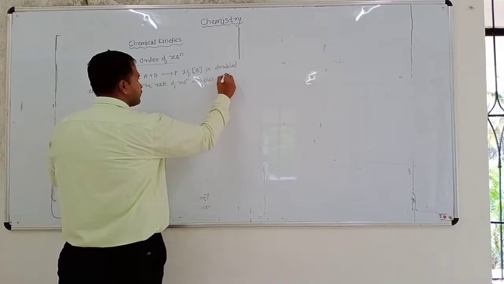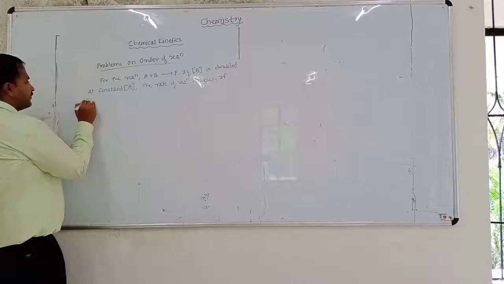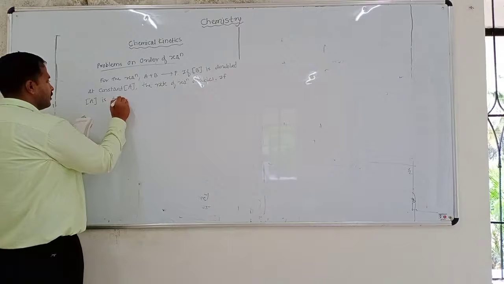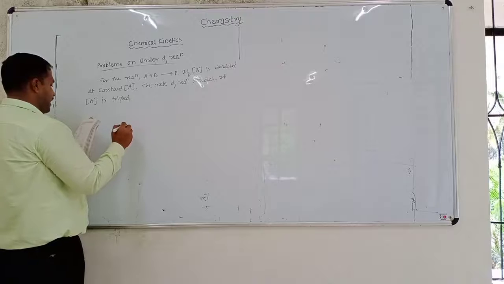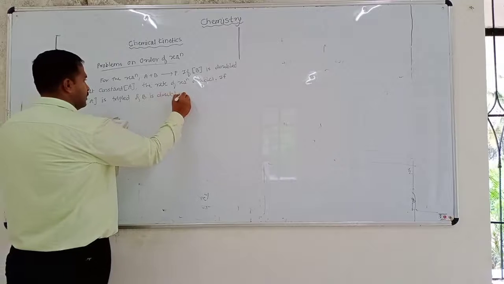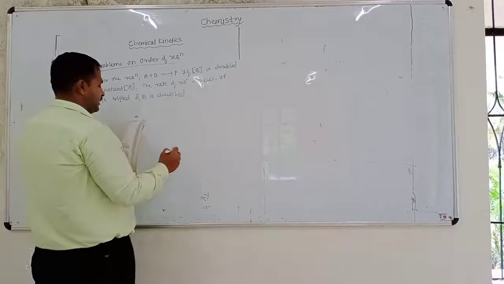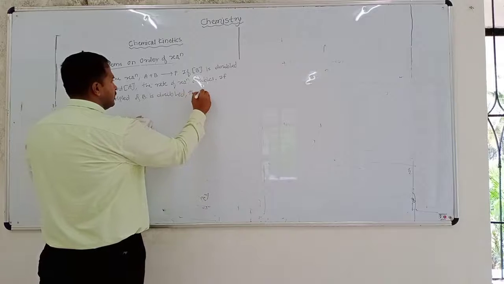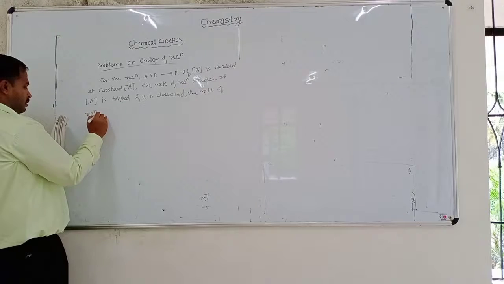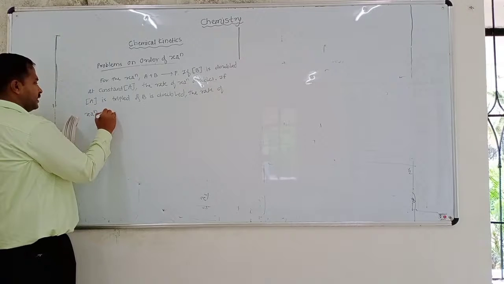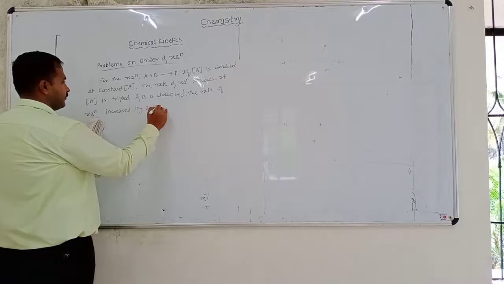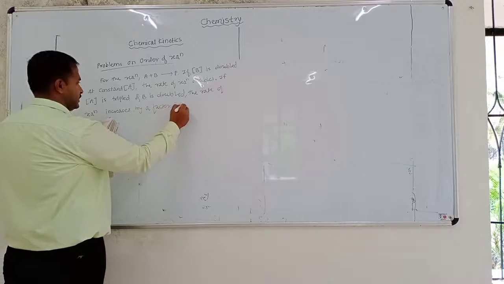if concentration of A is tripled and B is doubled, the rate of reaction increases by a factor of 6.